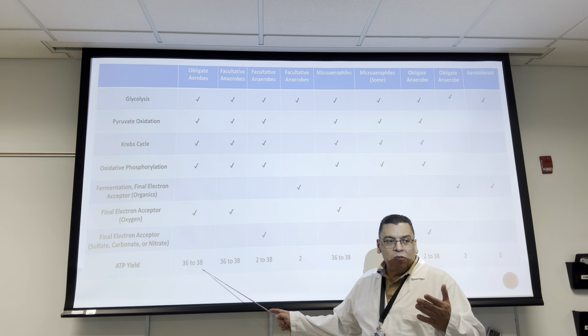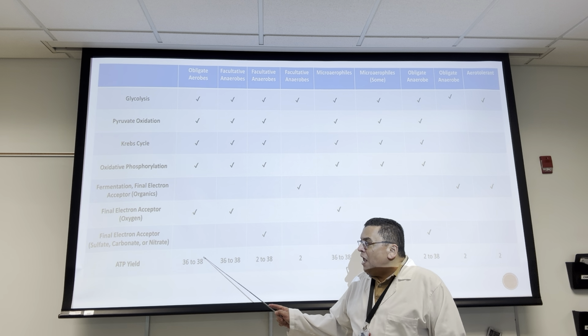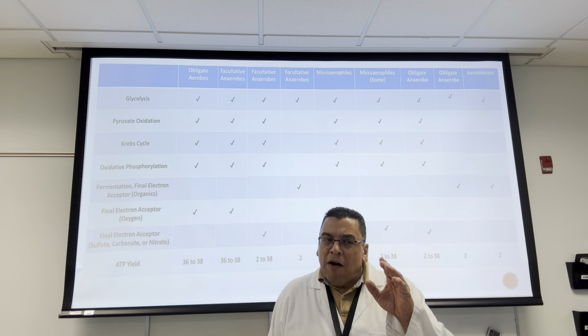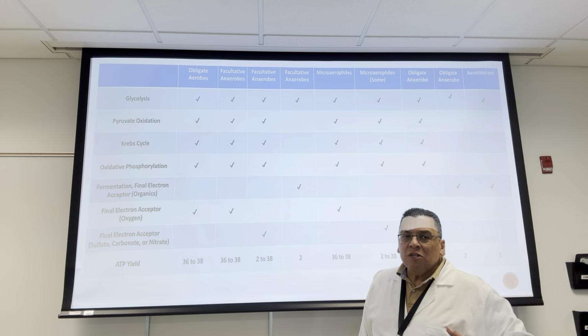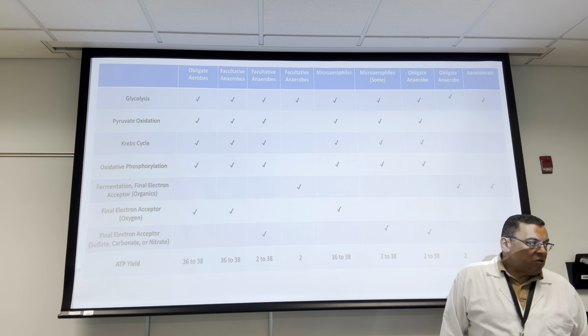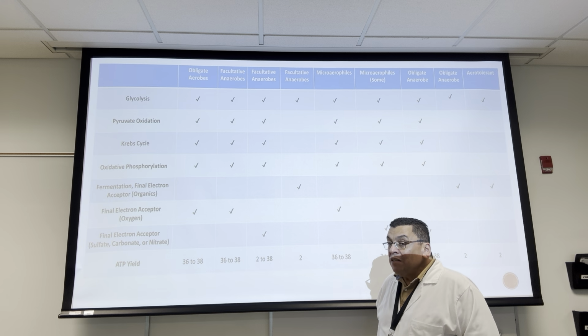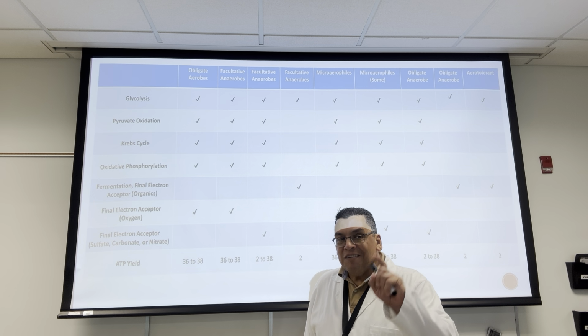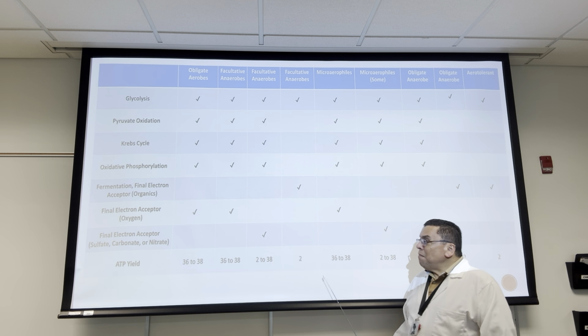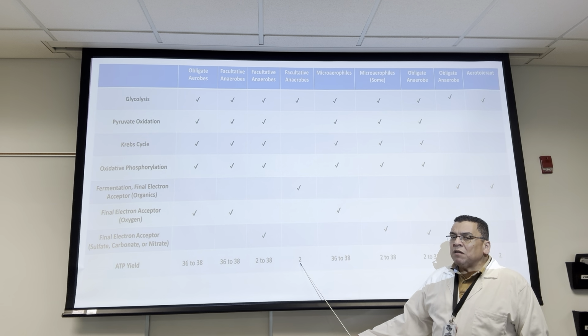Per glucose, the maximum yield is 38, and I teach based on the maximum yield. The actual yield will vary, but we just learn it based on maximum yield. Maximum yield per glucose is 38 ATPs in the presence of oxygen. In the absence of oxygen, the maximum yield for us is 2 ATPs. That's it.